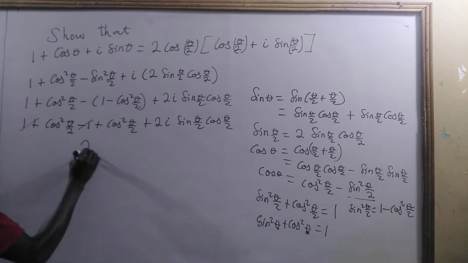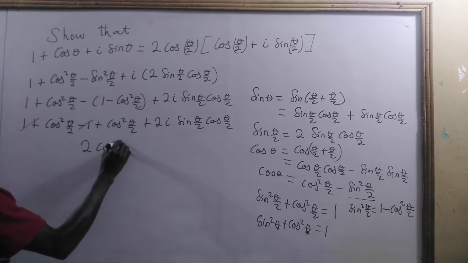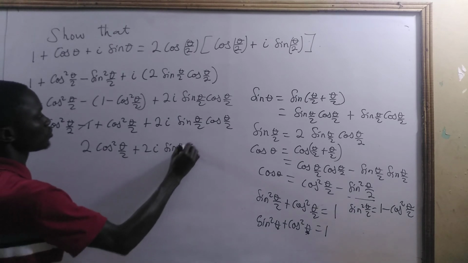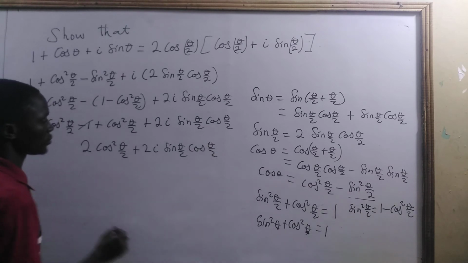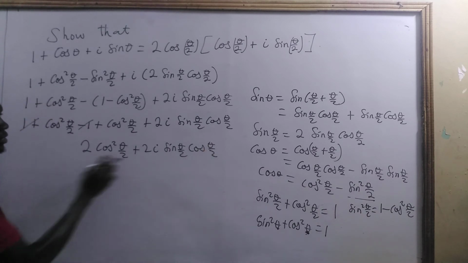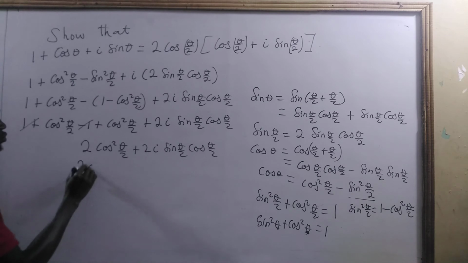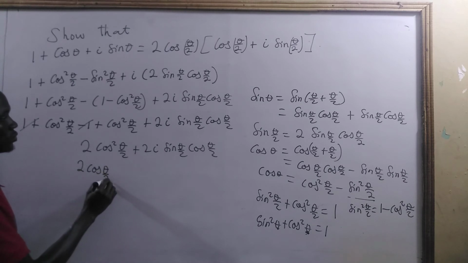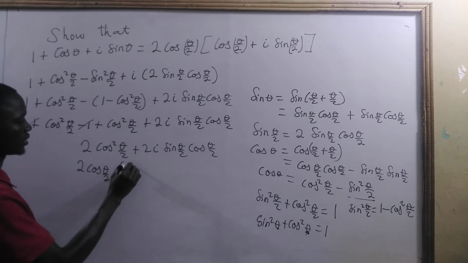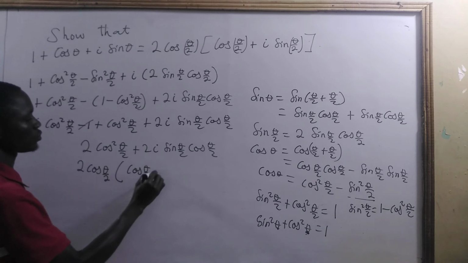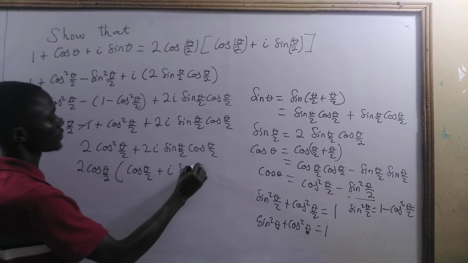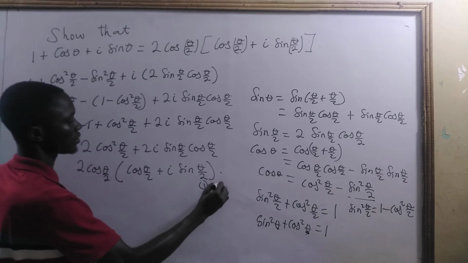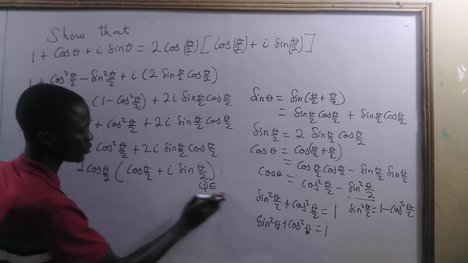This plus that will give us 2 cosine squared of theta on 2 plus 2i sine of theta on 2 cosine of theta on 2. Now here we can factorize 2 cosine of theta on 2 out. We have 2 cosine of theta on 2 times cosine of theta on 2 plus i sine of theta on 2. And hence proved, that is to be shown, QED.